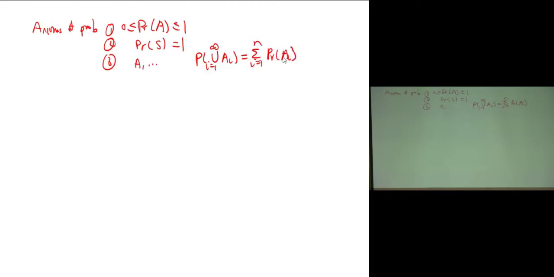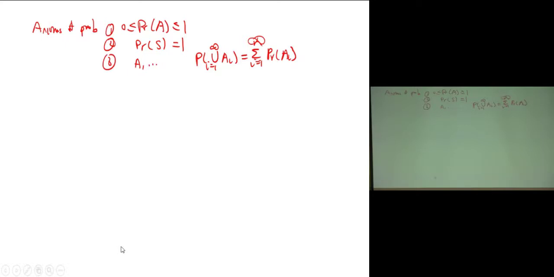So the basic idea is that if they are mutually exclusive, then I just add up the probabilities of all these individual events. That will be the same as the probability of the union of all these events.